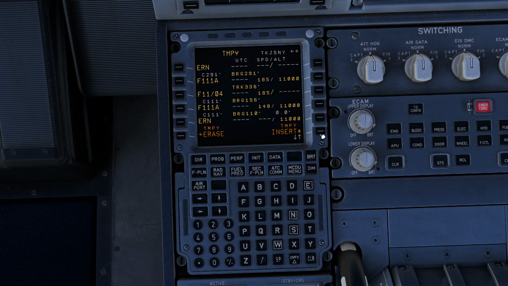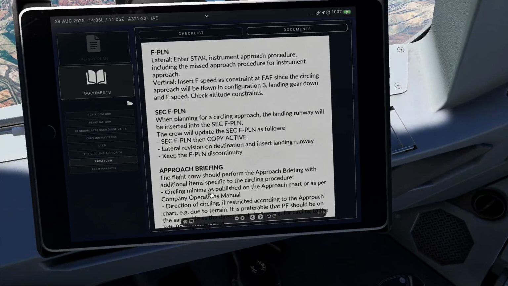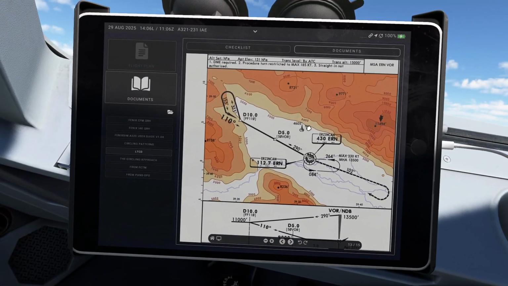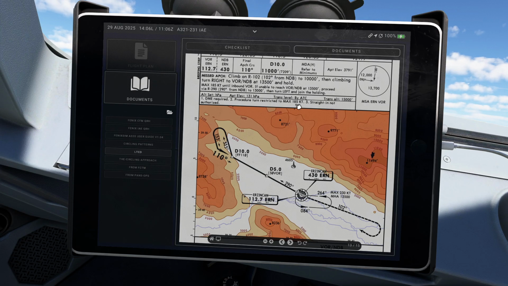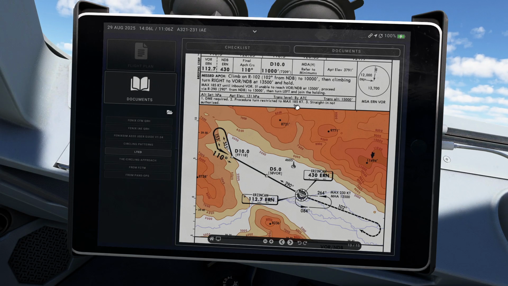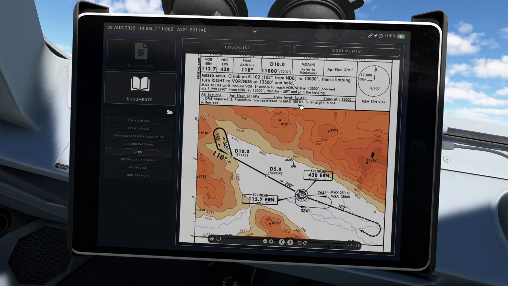Why 185 and why 1000? Because the procedure turn is restricted to maximum 185 knots. I inserted the 185 knots.